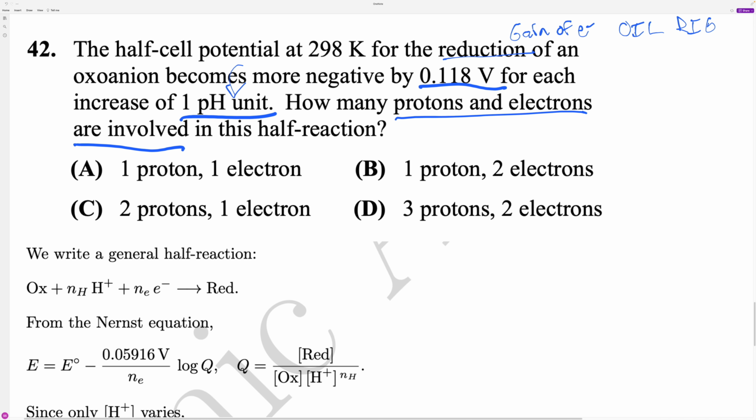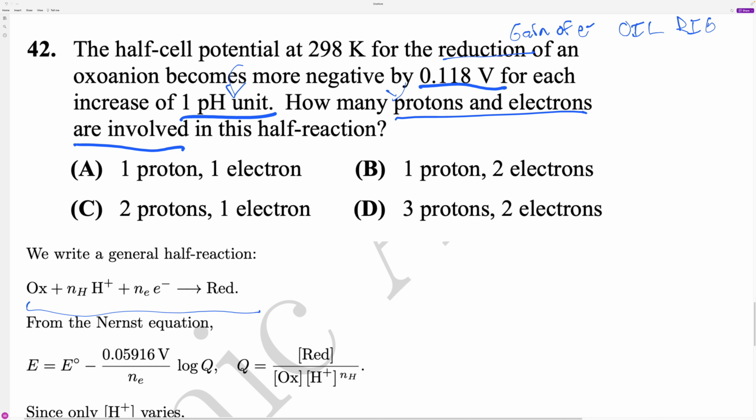So remember that an increase in pH is actually a decrease in H+. And of course we have this hint here. So we figured out this general reaction. Essentially we have an oxo anion, the substance being reduced, and then we have a certain amount of H+ and electrons added, and then it's becoming this reduced form.